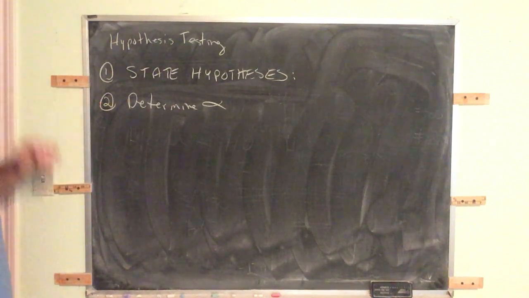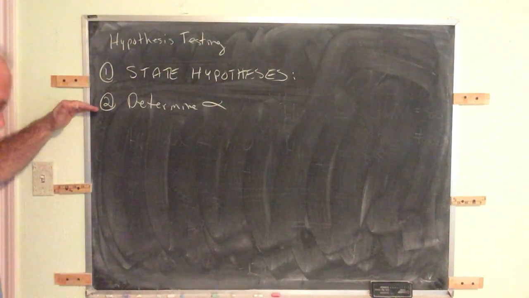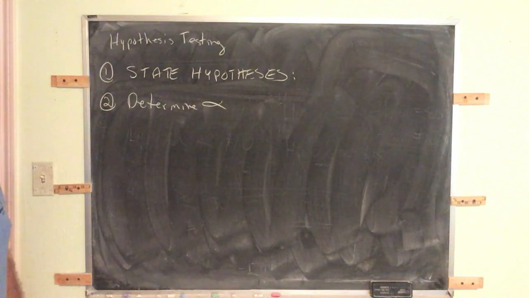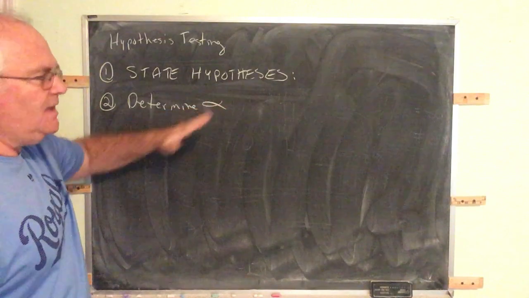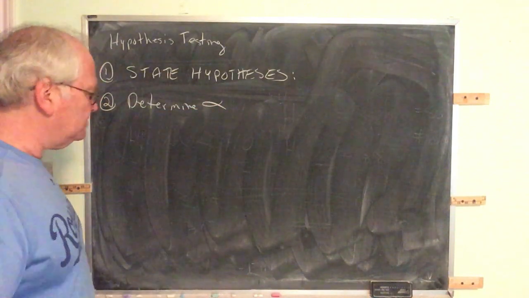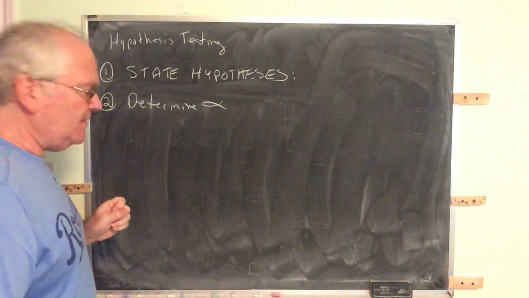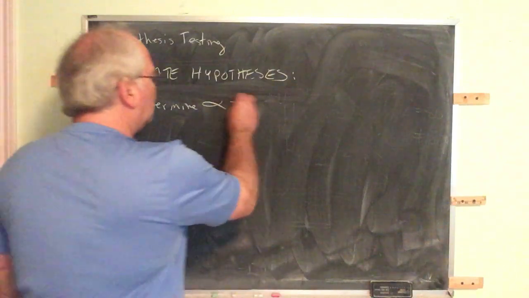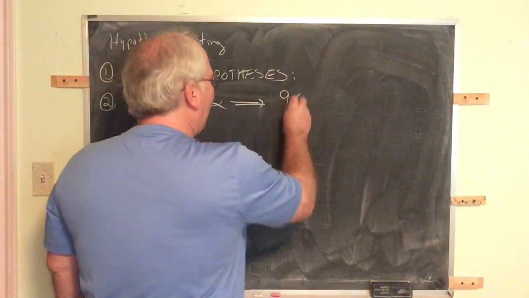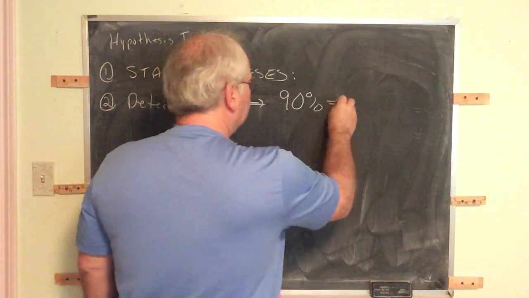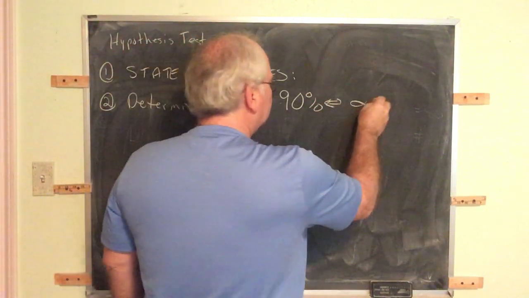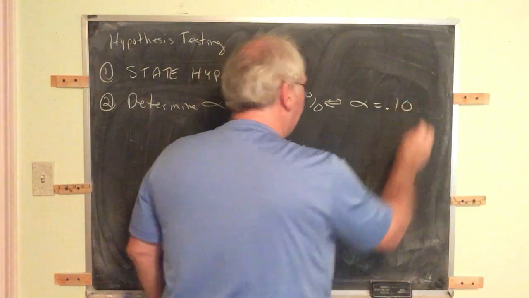Step 2 of hypothesis testing that we will do is determine alpha. Now, recall that alpha is sort of the other side of the coin of the confidence level. And so recall that if you have the 90% confidence level, that corresponds to alpha equal to 0.10.